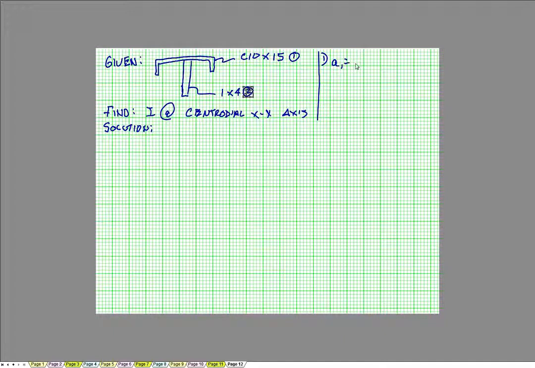So area 1 equals, I'm not sure what page that is. Anybody have a page number? 595, that sounds about right. So I get area 1 of 4.49. Moment of inertia for this shape is 2.28.